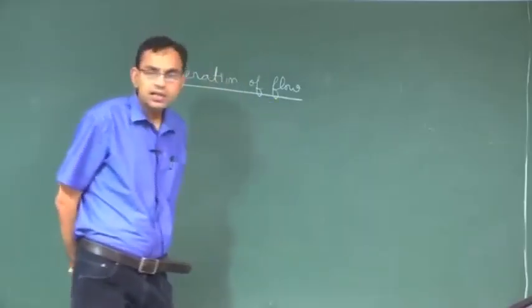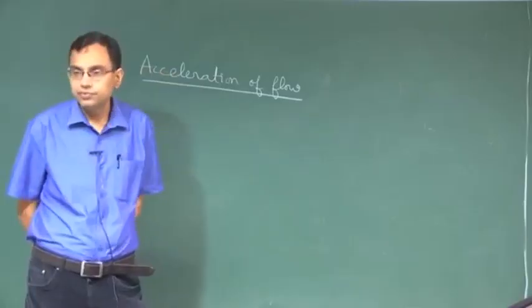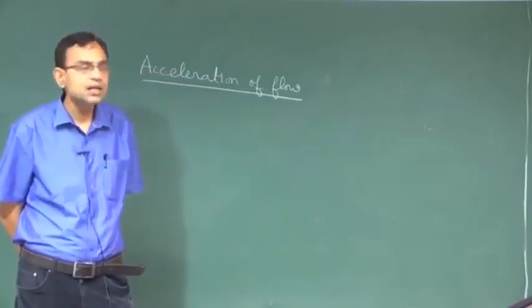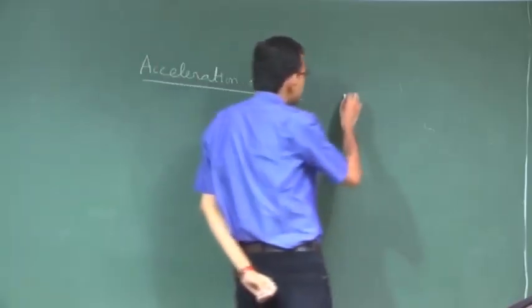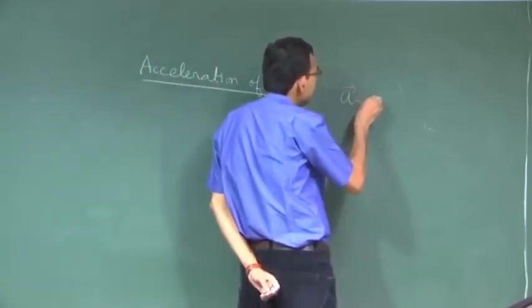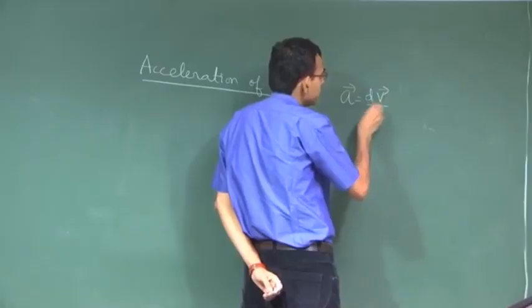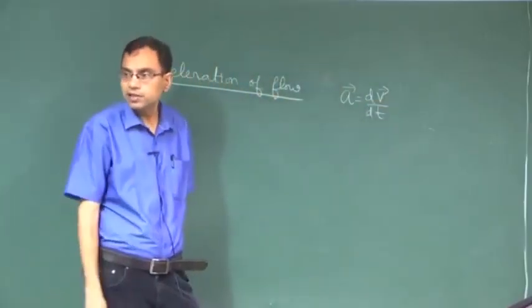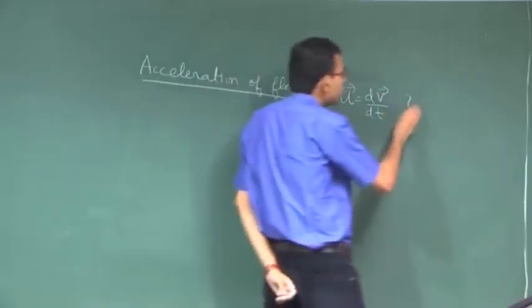The big question is, what is the big deal of studying acceleration? We can just similarly say that acceleration is dv/dt, from basic school level mechanics. What is wrong about this?